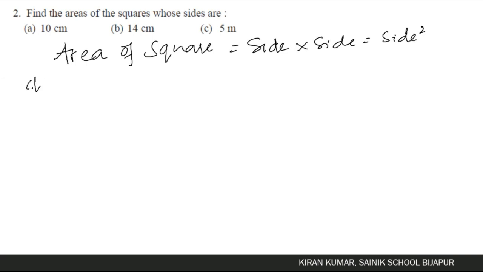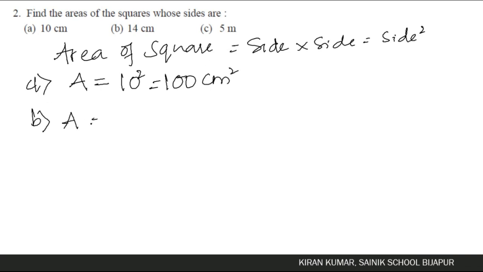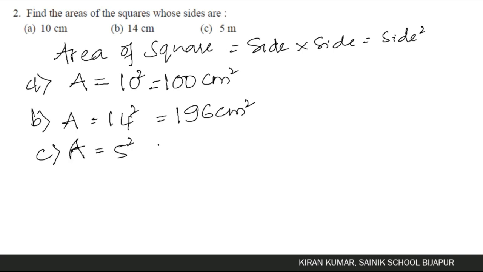So for the first one, the side given is 10 centimeters, so the area will be 10 square, which is 100 centimeter square. For the second one, area will be 14 square, 196 centimeter square. For the third one, it is 5 meter, so 5 square is 25 centimeters square.